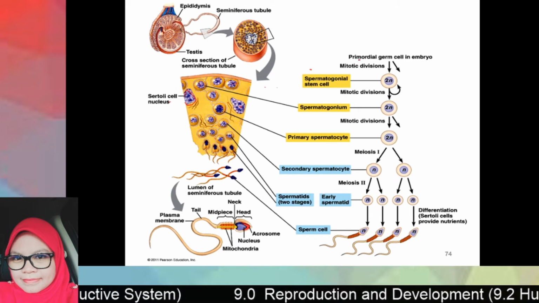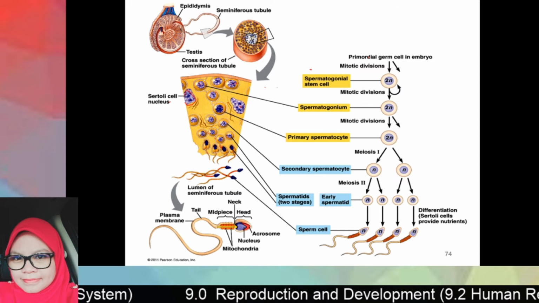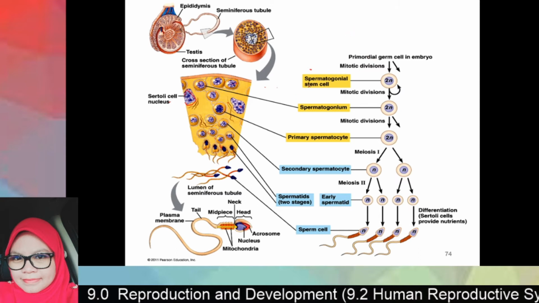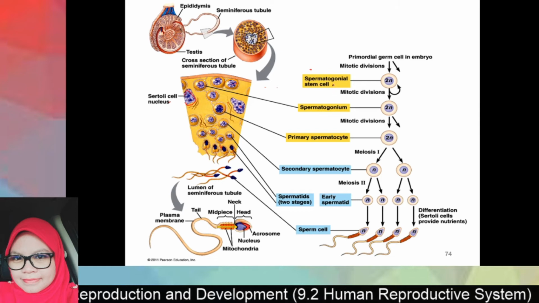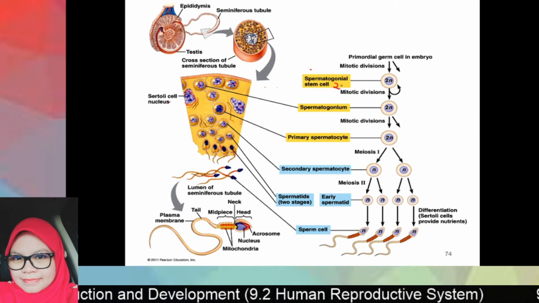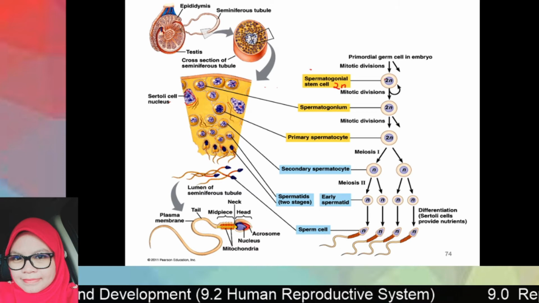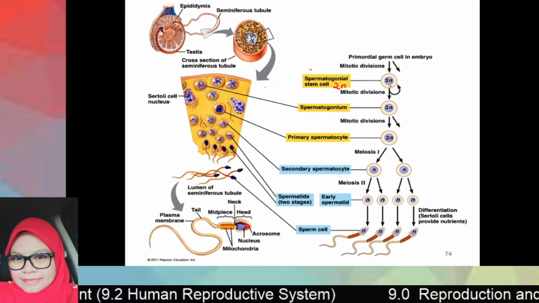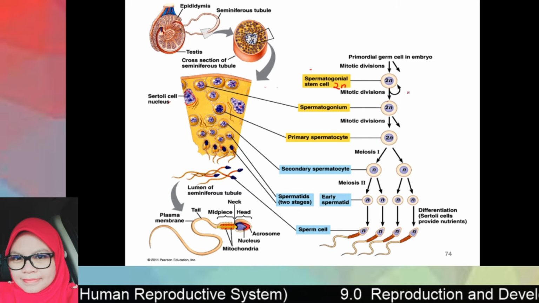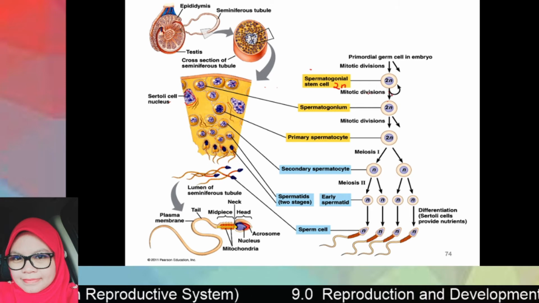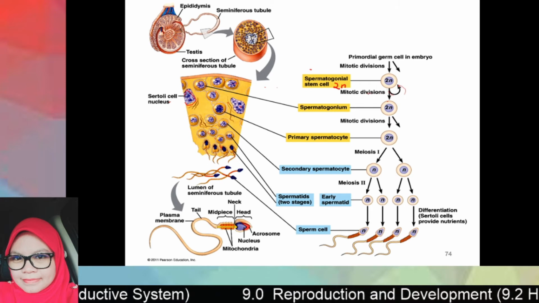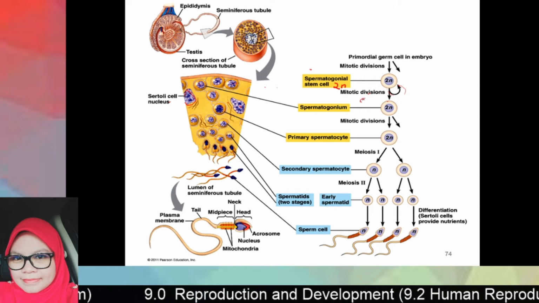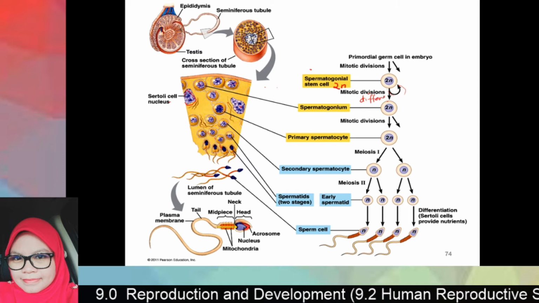It starts with the primordial germ cell. It undergoes mitotic division and also differentiation to become a spermatogonial stem cell. So the spermatogonial stem cell is actually a diploid cell. And then the spermatogonial stem cell will undergo mitotic division, to produce more spermatogonial stem cells, and at the same time it undergoes differentiation.